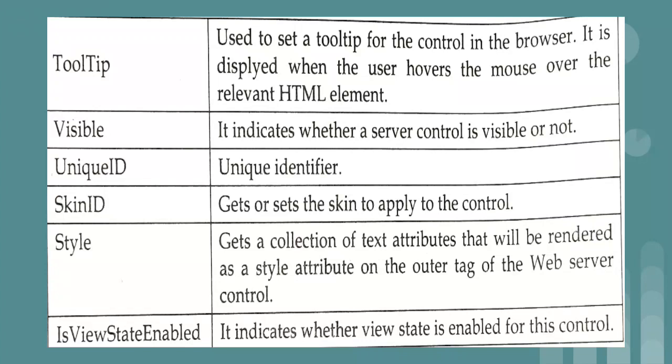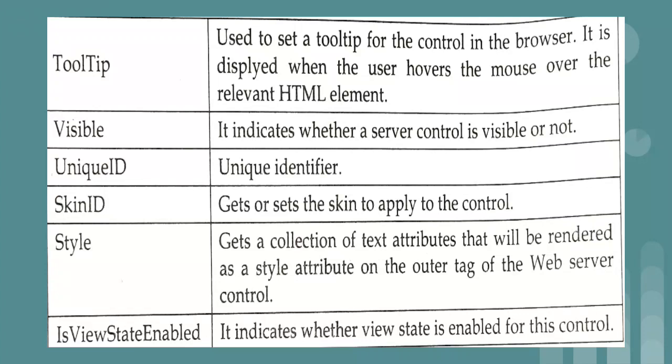By default all the controls have the visible property set to true only. This is the reason why all the controls are visible, and if we set the visible property to false, that control will not appear when we run the program on the browser.